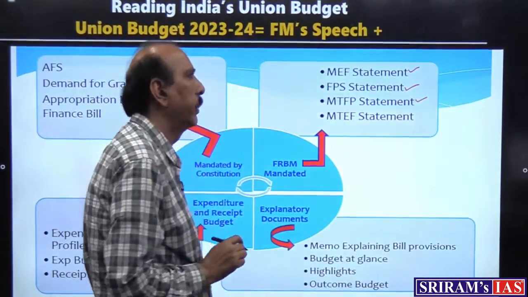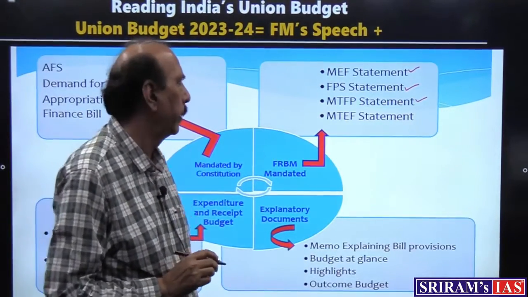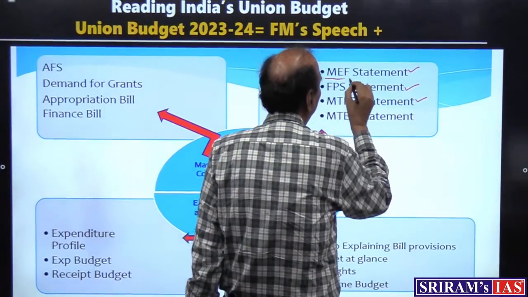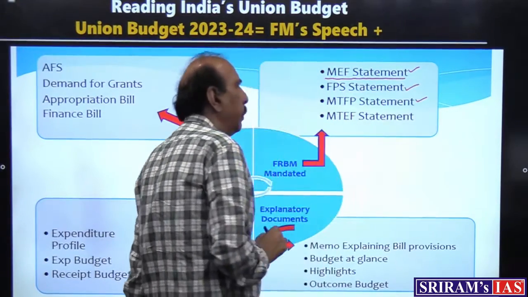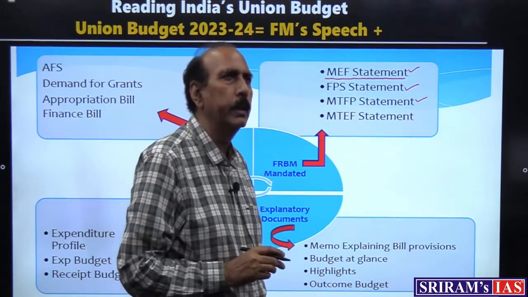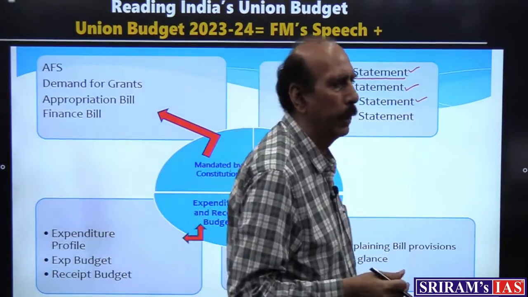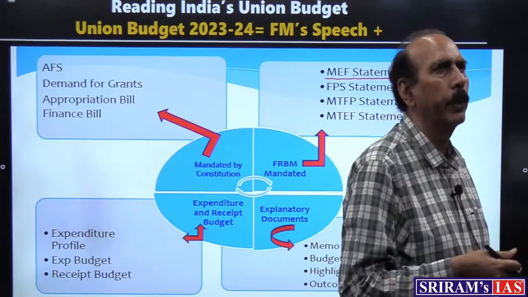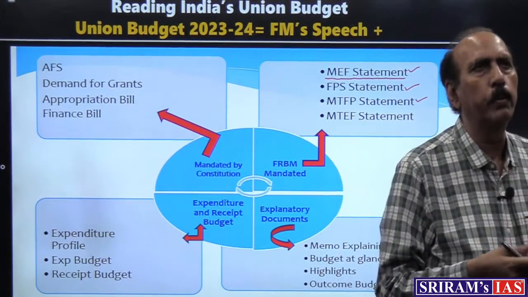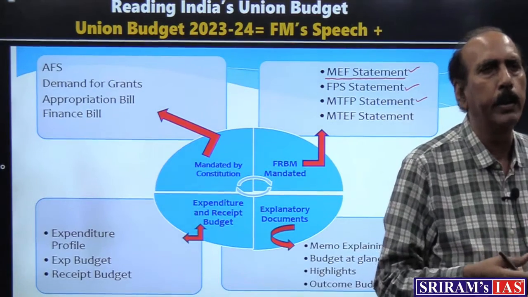And these three documents are very, very important. For example, this is the MEF, the macroeconomic framework statement. This macroeconomic framework statement gives the government projection, as I said, that is made in the survey, for various macroeconomic variables for the budget year.